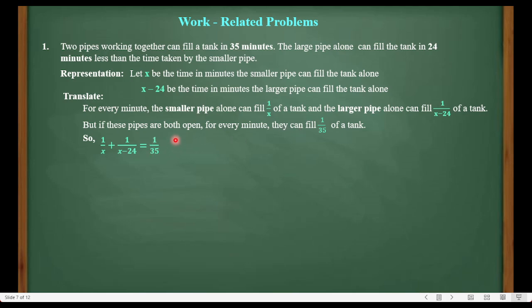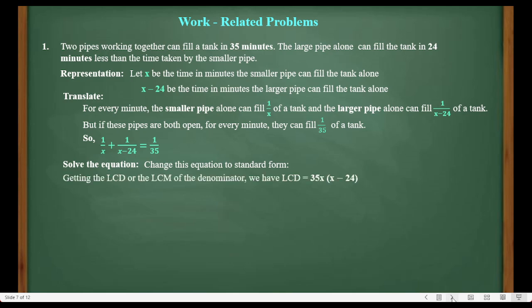As a result, we have another case of a rational algebraic equation transformable to a quadratic equation. So, at this point, we can now solve that equation by first transforming it to standard form. We need to change it to standard form by first determining the least common denominator.